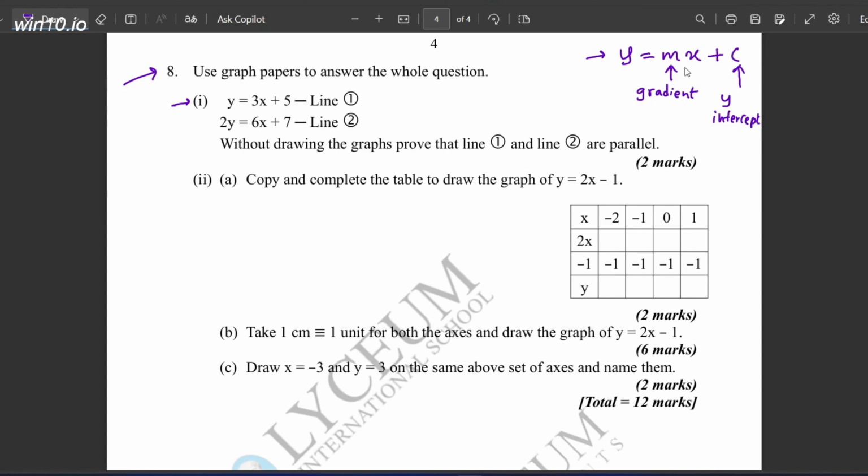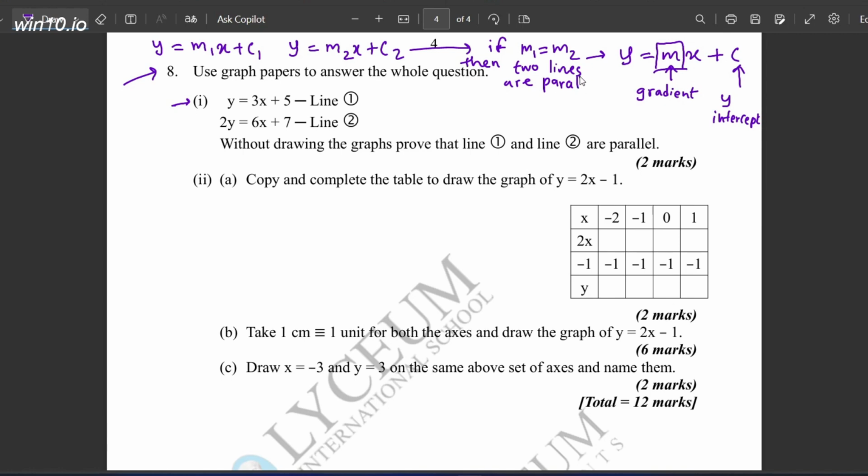The thing is, if the gradient of two equations are similar, then we can say those two are parallel. If m1 equals m2 in y equals m1 x plus c1, y equals m2 x plus c2, if m1 equals m2, then two lines are parallel.